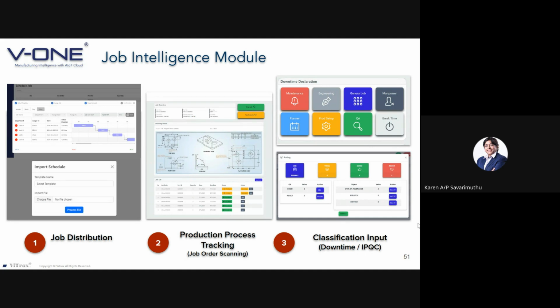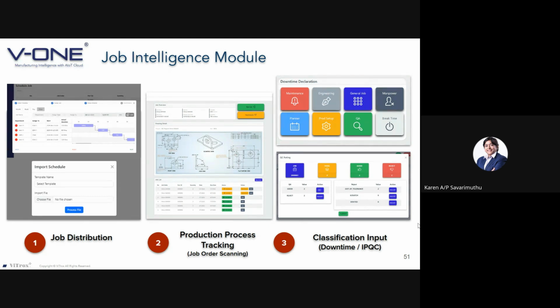First of all, we create the job distribution on an automated basis. All right, and then the production process is all tracked. We will know how much production has happened and how things have gone through. And then we also have classification inputs.